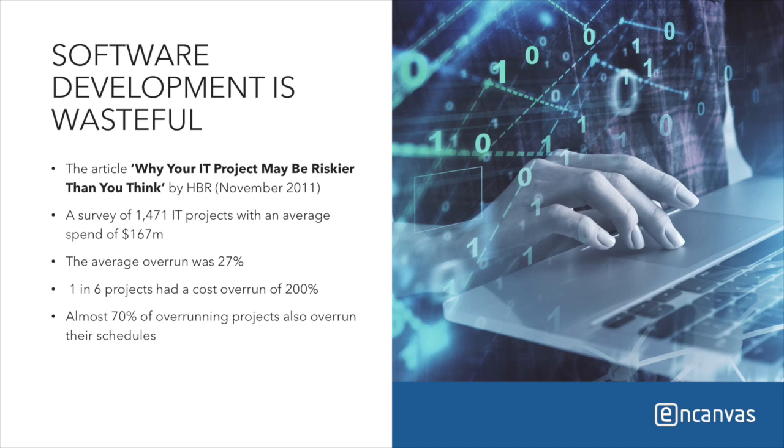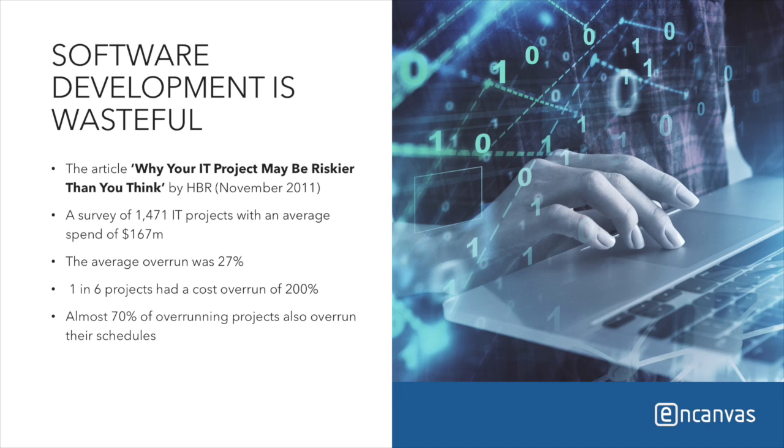in studies, both in terms of slow time to market and burgeoning costs. The article "Why Your IT Project May Be Riskier Than You Think" was produced by Harvard Business Review back in November 2011. It followed the analysis of over 1,471 IT projects with an average spend of $167 million.